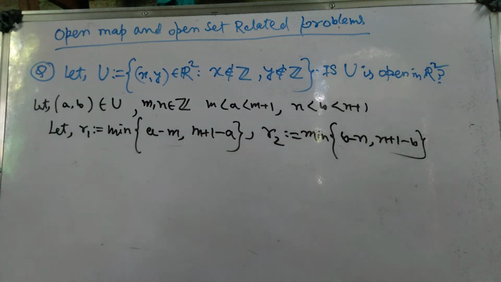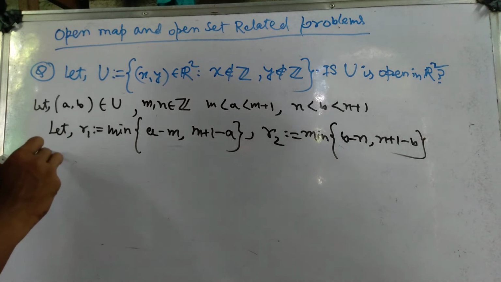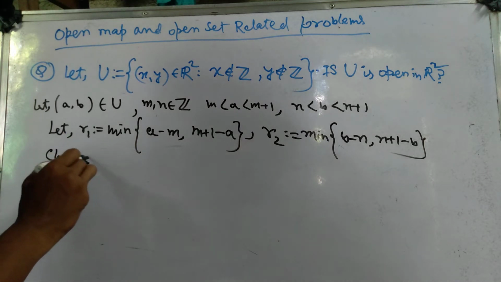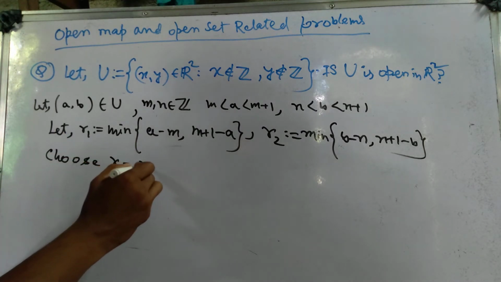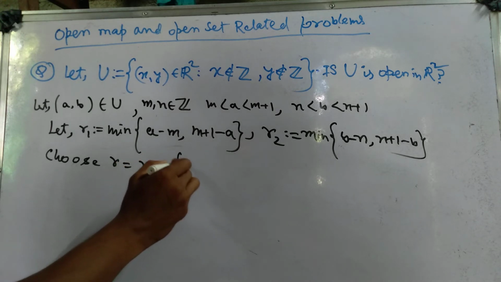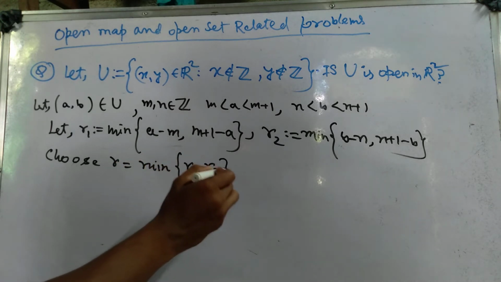Consider r1 and r2. Then we choose r equal to the minimum of r1 and r2.